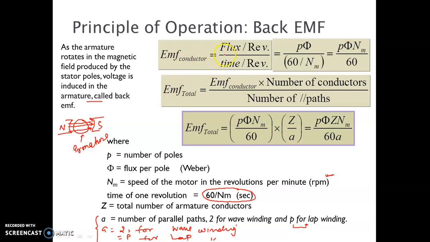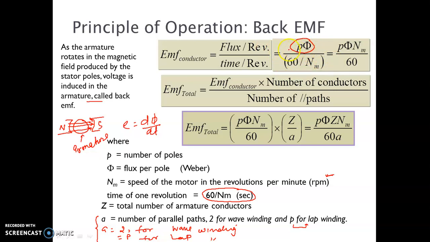So what is induced EMF? Change in flux by time is called induced EMF. E equal to d phi by dt. This is flux by time, and we divide both sides by per revolution, so the equation remains the same: flux per revolution by time per revolution.